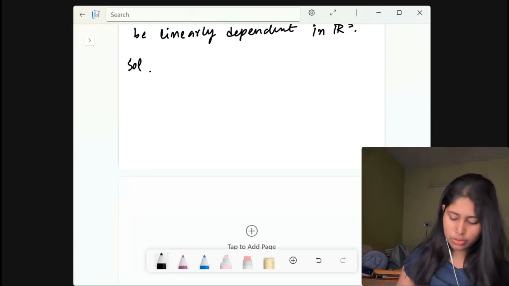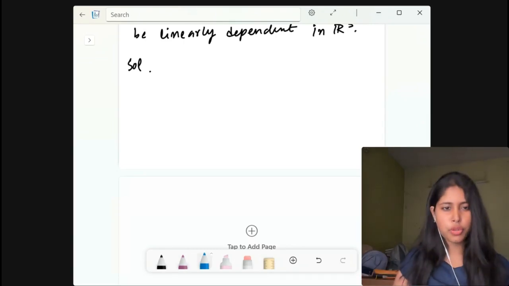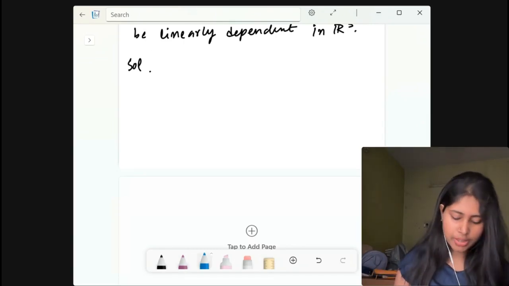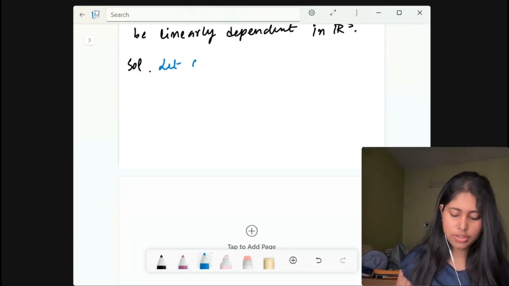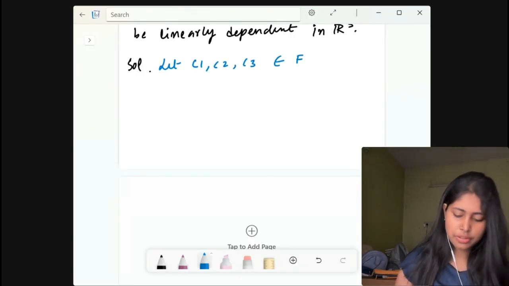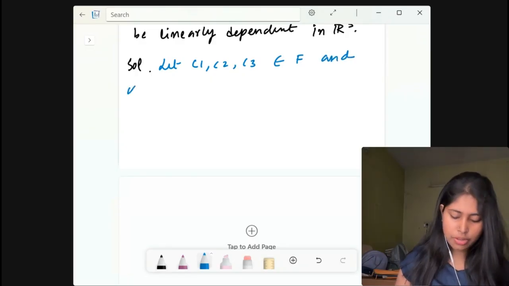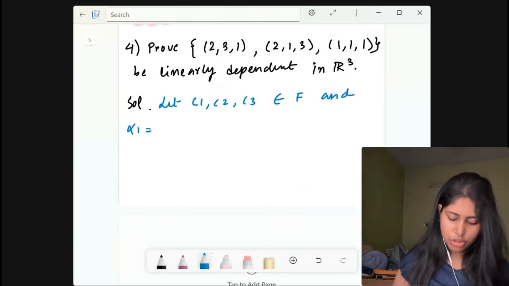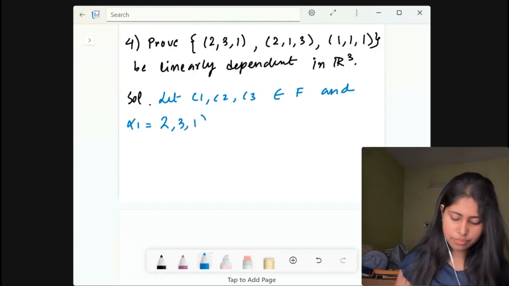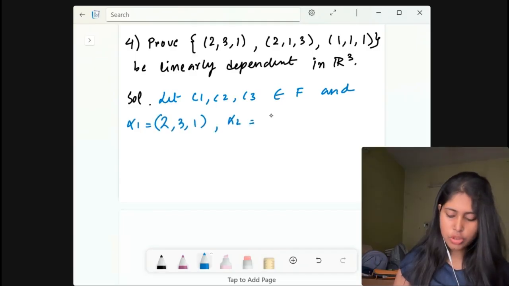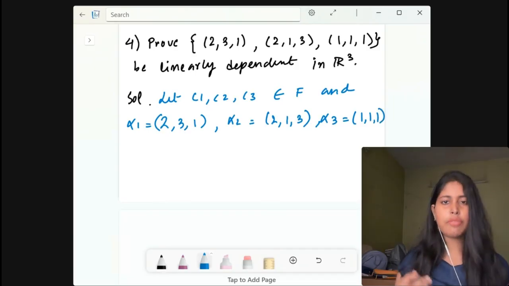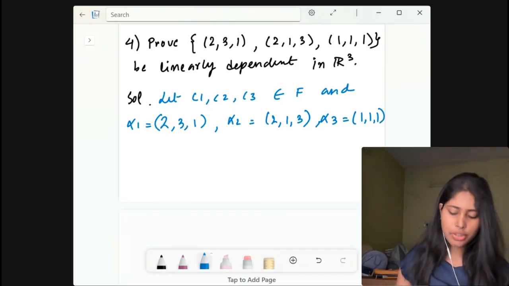Let me write it down: c1, c2 and c3 belong to F, and here alpha 1 is (2,3,1), alpha 2 is (2,1,3), and alpha 3 is (1,1,1). So alpha 1, alpha 2 and alpha 3 are given to you.